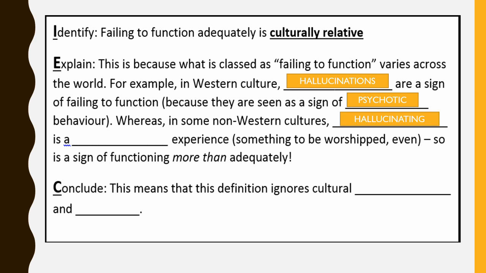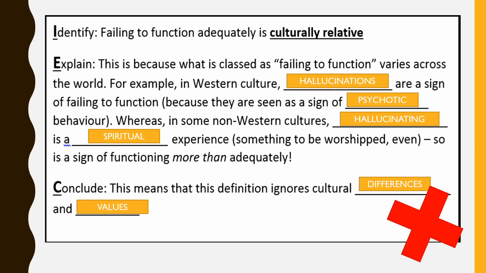Whereas in some non-Western cultures, hallucinating is actually seen as some sort of spiritual experience, and if you hallucinate, you may even be worshipped. So that is a sign of functioning more than adequately. This means that this definition ignores cultural differences and values. The first definition, deviation from social norms, was culturally relative, and this is as well. Remember what I said from the first one, you've got to get your examples in there. Without it, there's not a great deal to say.